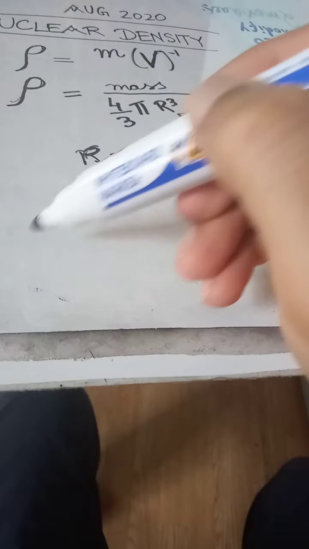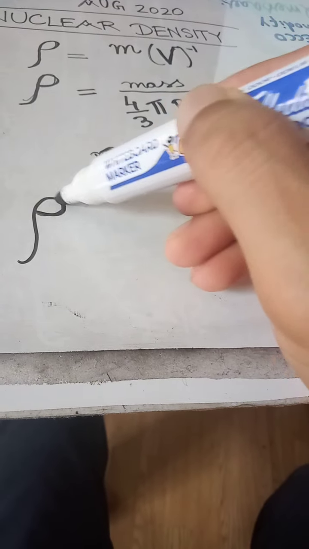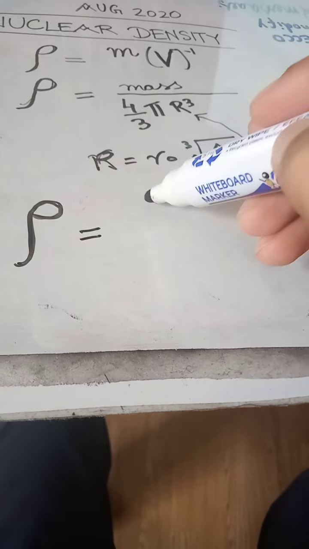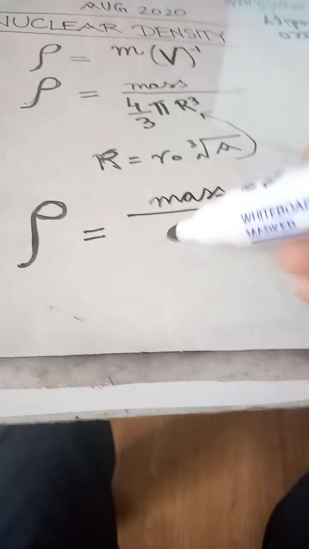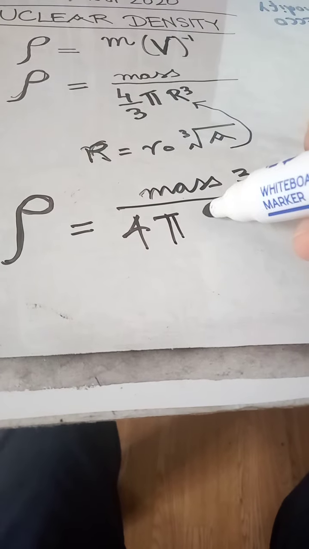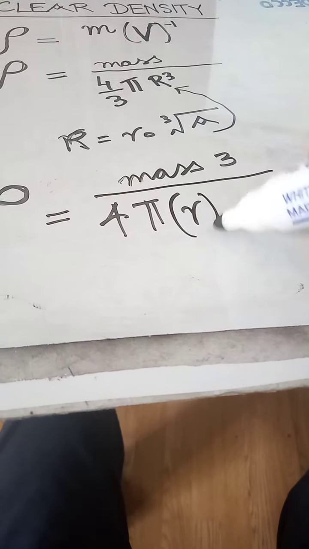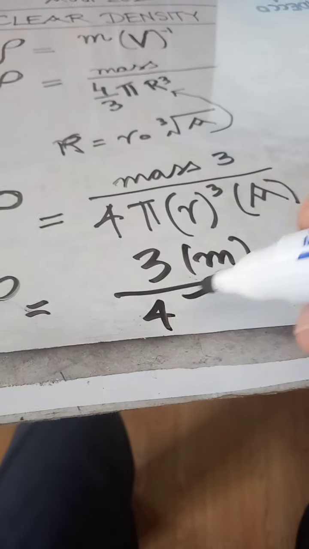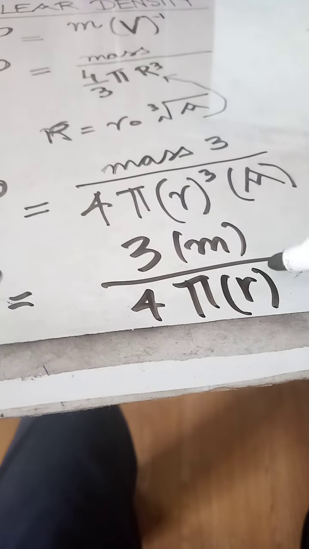So I'll just plug this in and I'll get this one, and then it will be A, because I've cubed it so it comes out in its natural form. So it'll be 3m over 4 pi, cubed atomic number. So this is how things are.